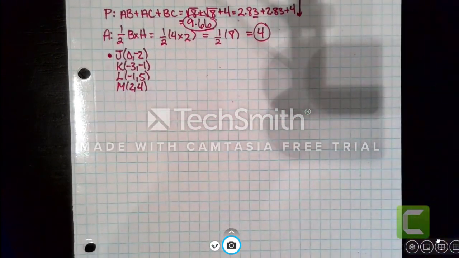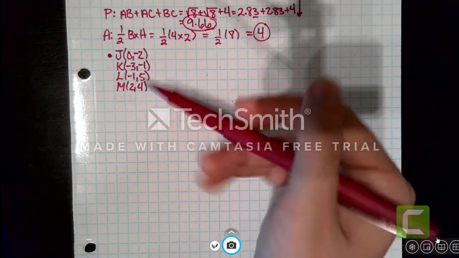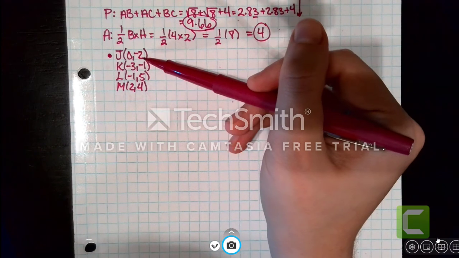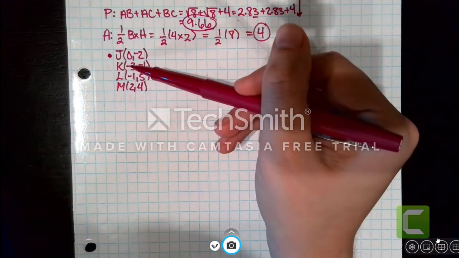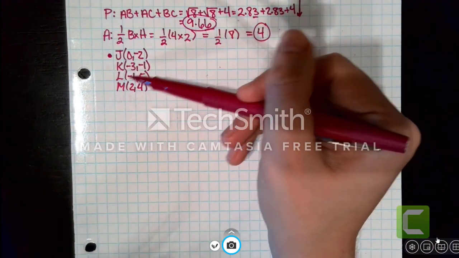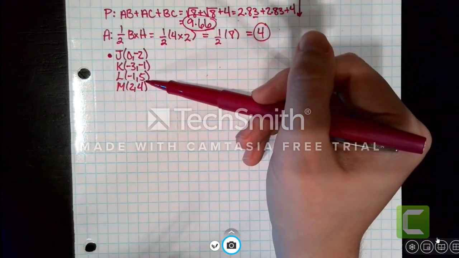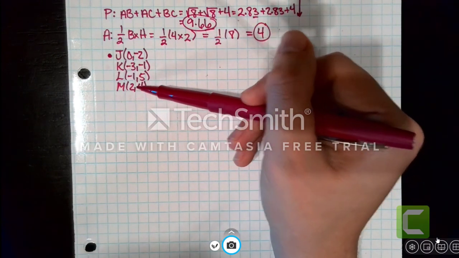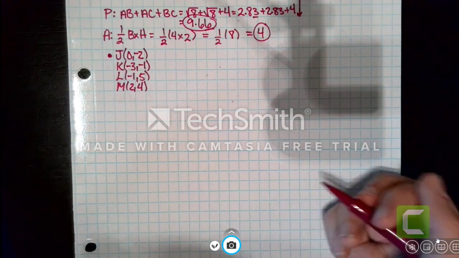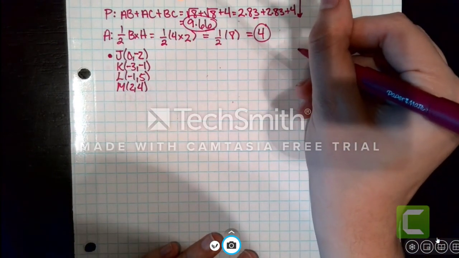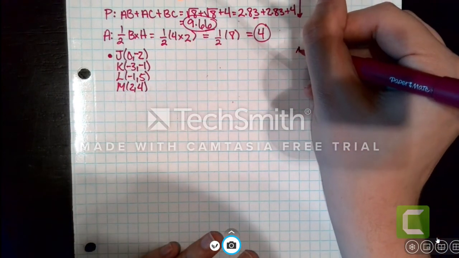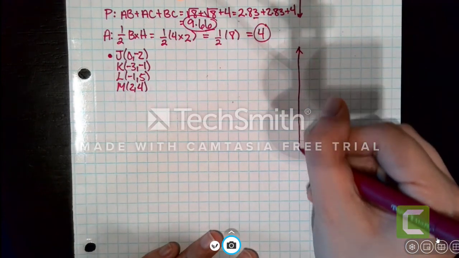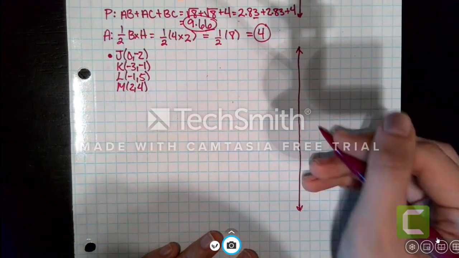Again, we're given 4 coordinates with this. We're told that we have point J at 0, -2, point K at -3, -1, L at -1, 5, M at 2 and 4. So first things first, draw your coordinate plane. It doesn't have to be perfect, just make sure it's nice and big so we can work with it.